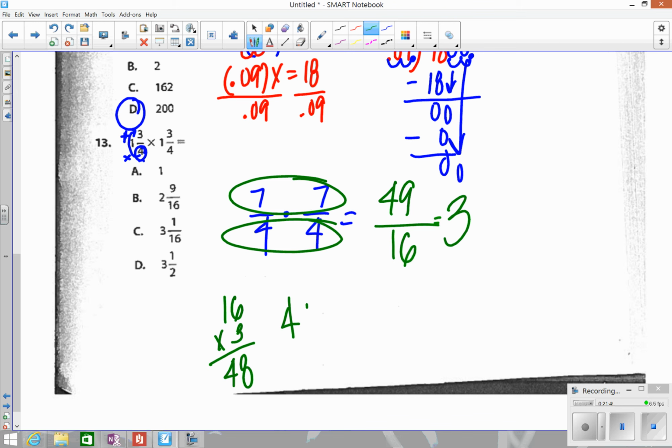So 49 minus 48 leaves a remainder of 1. So I'm left with 1 over 16. So 3 groups of 16 go into 49 with 1 left over. So 1 over 16 is left over because I divided by 16.